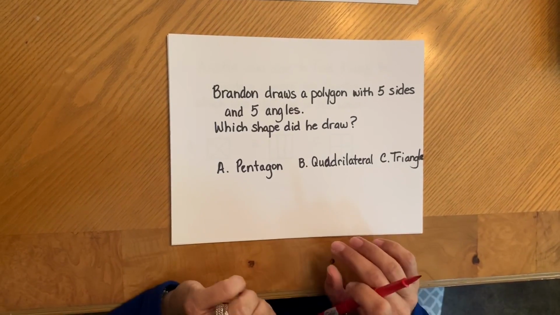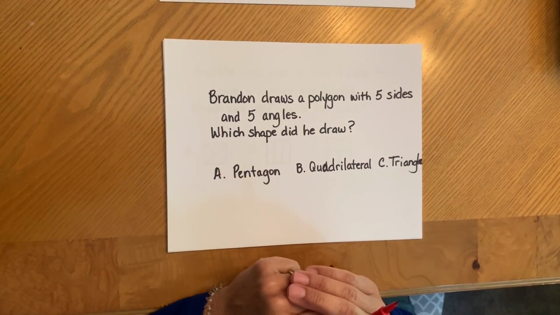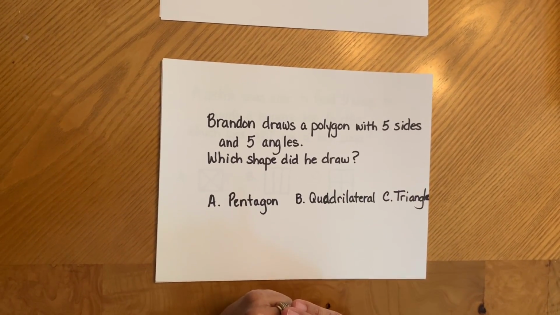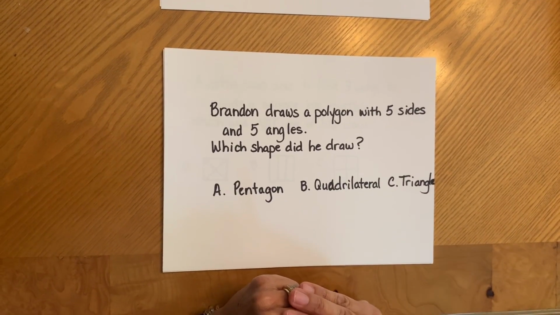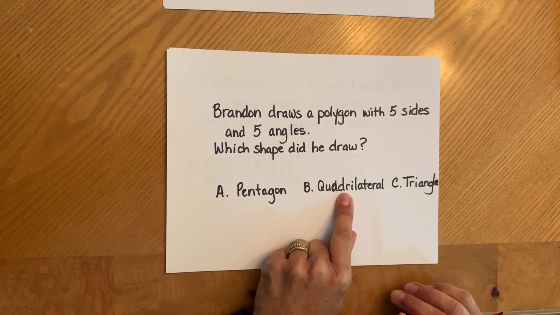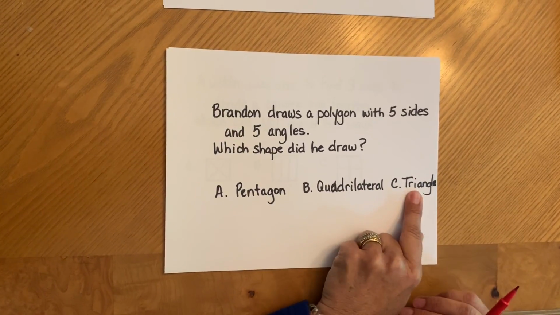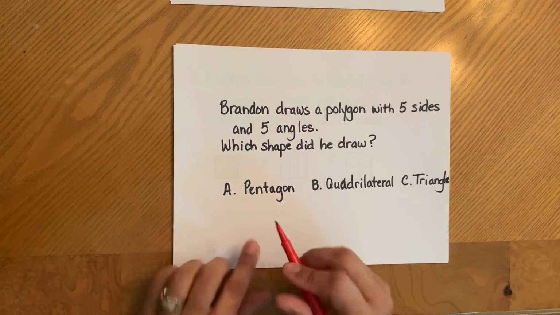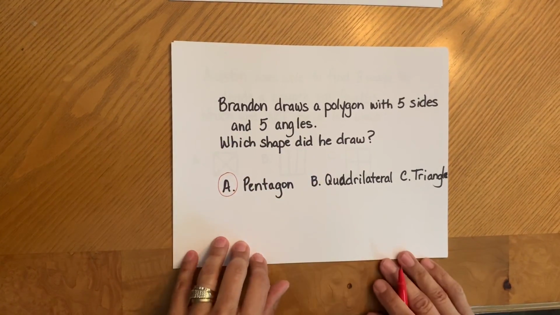The next question. Brandon draws a polygon with 5 sides and 5 angles. Which shape did he draw? A pentagon, a quadrilateral, or a triangle? If you guessed a pentagon, you were correct.